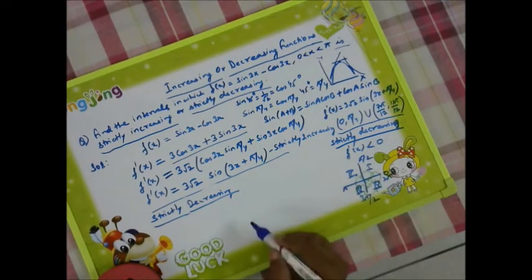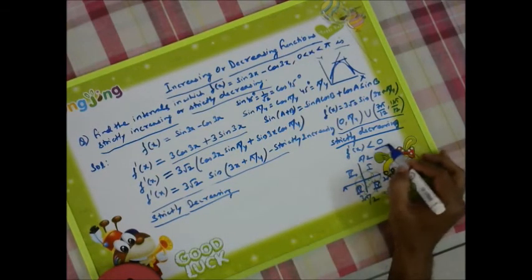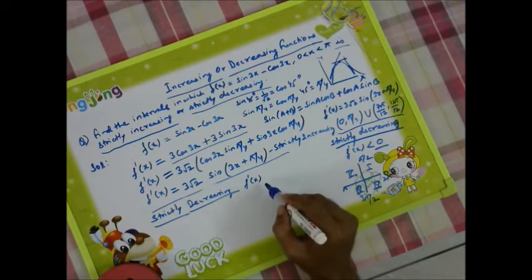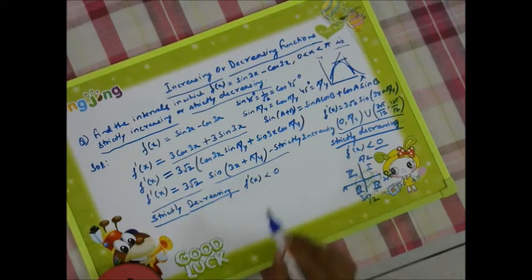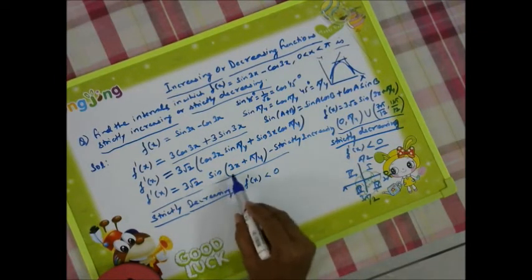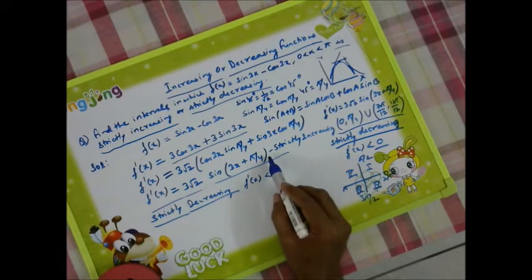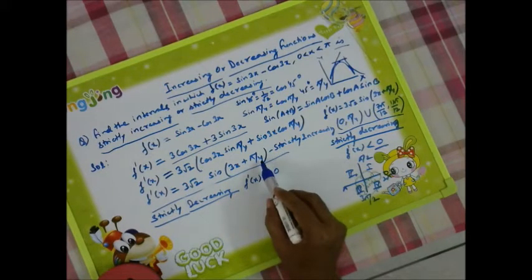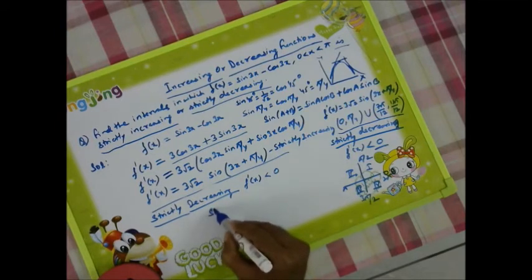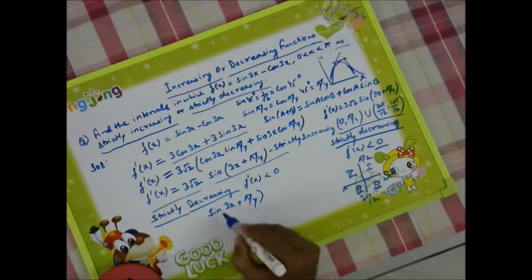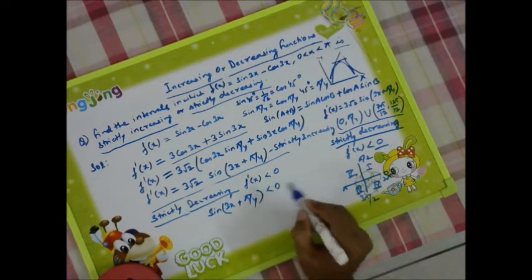For strictly decreasing, f dash x has to be less than 0. So continuing as it is, sin(3x plus pi by 4) should be less than 0. So it means the angle 3x plus pi by 4 should be less than 0 in sine.